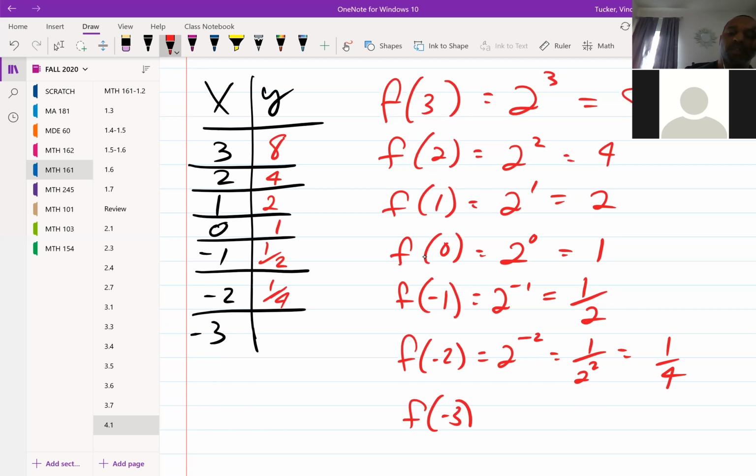Then the same thing with the negative third power, and that's 1/8. All right, before we graph it, any questions?